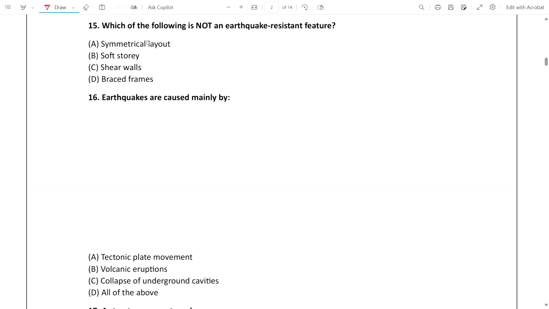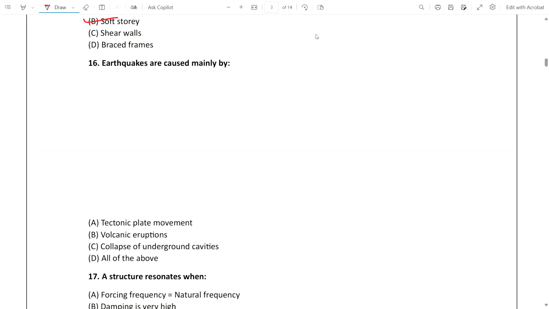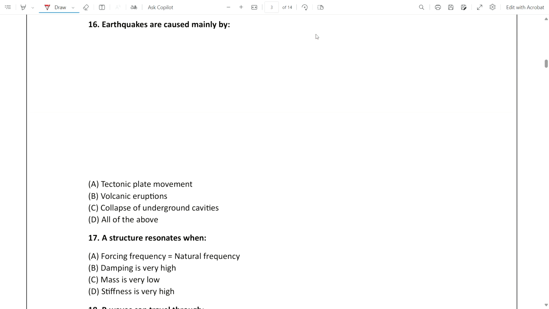Symmetrical layout, soft story, shear wall, or base isolation. Here soft story is not an earthquake resistant feature. Okay, as we have already discussed the theory, just go through it, then you will understand properly to do these questions. Now, earthquakes are caused mainly by what?